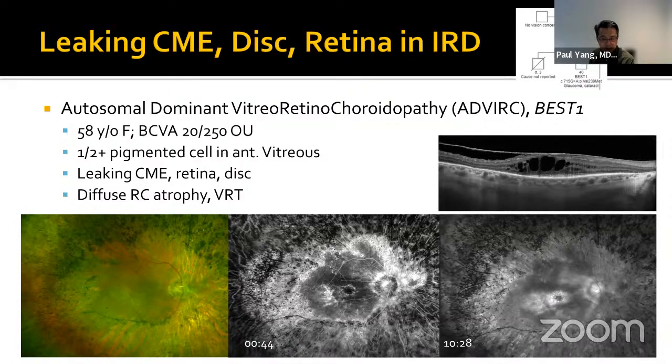Again, 1/2+ pigmented cell in the anterior vitreous. And then on the angiography in early phase, you'll see diffuse retinal choroidal atrophy, window defect. And then in the late phase, you see all those elements of leaking CME, leaking disc, leaking retina. And then on OCT, you see vitreoretinal traction and macular edema.